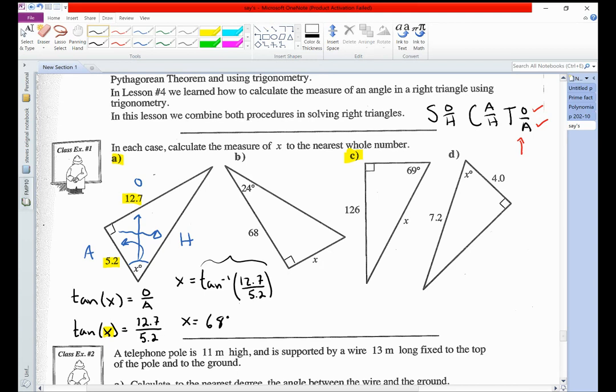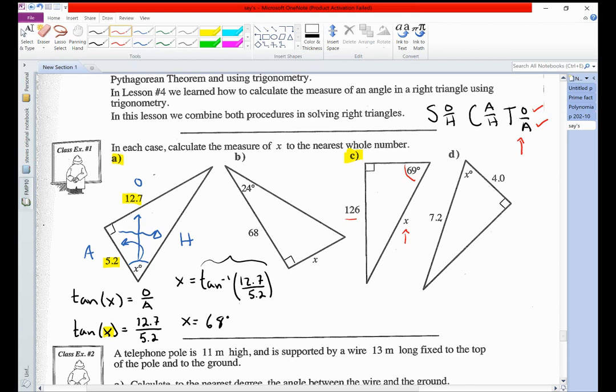The next one is C, where we have this angle here, 69 degrees, and we have one side, and we're looking for a second side. Whenever we're doing trig, we need to have two pieces of information to find a third piece of information.